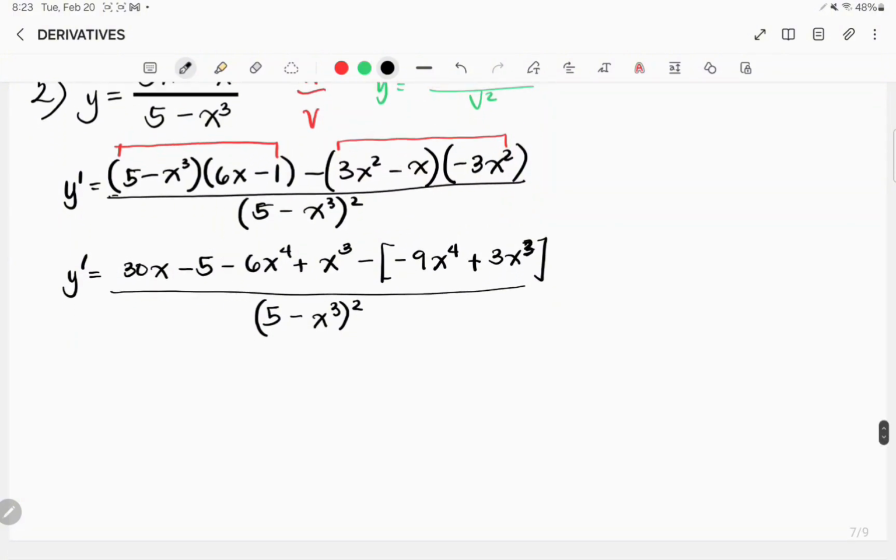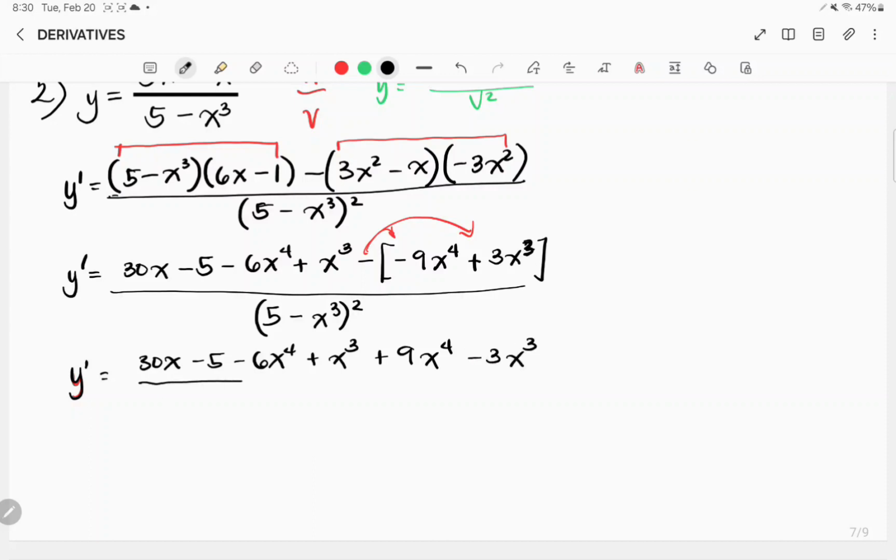And then we have to distribute the negative sign inside the quantity. So it will become y prime equal to 30x minus 5 minus 6x raised to 4 plus x cubed plus 9x raised to 4 minus 3x raised to 3 over 5 minus x cubed square.